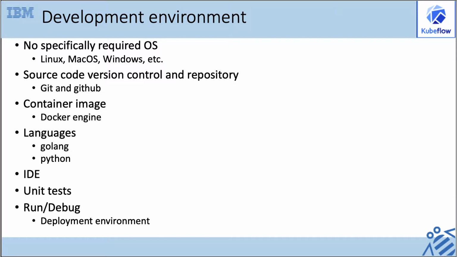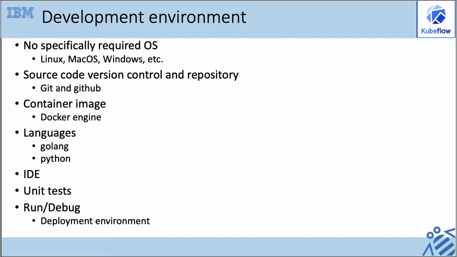Once you have this environment set up and you have done some coding and build, you need to run and debug with the Kubeflow deployment and Kubeflow pipelines, things you want to try out. At that time, you need a deployment environment.